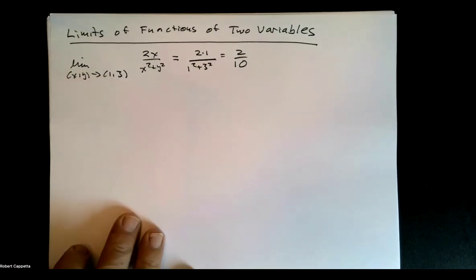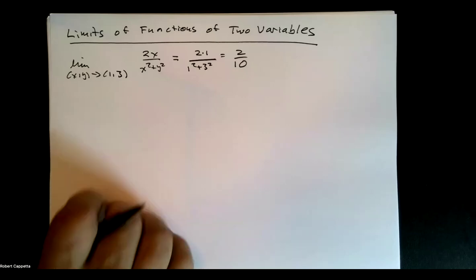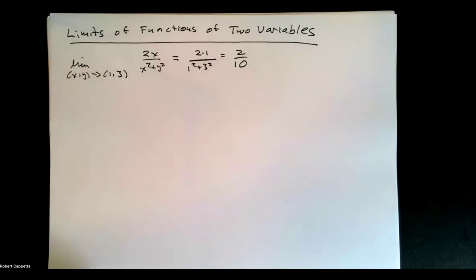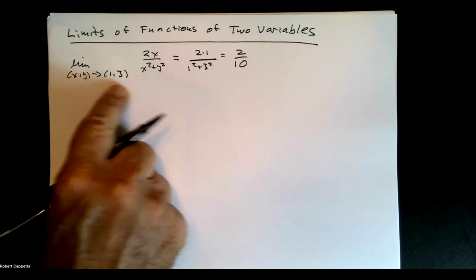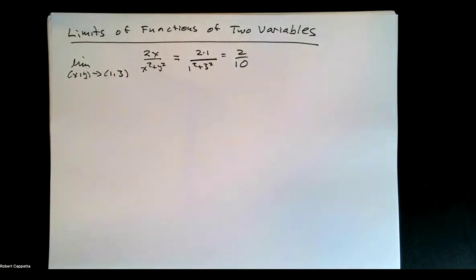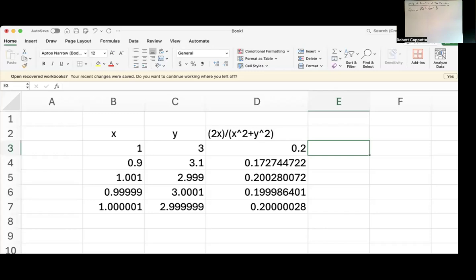If we use a formal delta epsilon definition of a limit, we have some kind of a region around (1, 3). We look to see how things are behaving. But let's just take a look at some points near (1, 3) to see if they seem to be heading towards 2/10. So (1, 3) gives us 0.2 as expected, but (0.9, 3.1), pretty close to (1, 3), gives us 0.172.